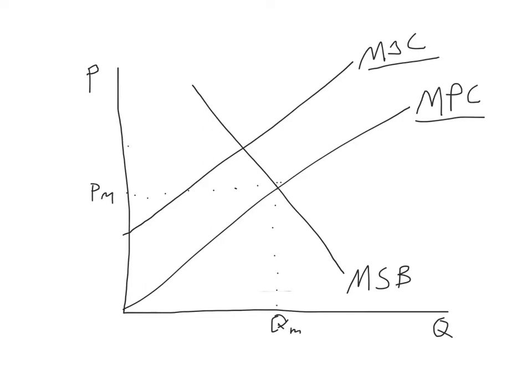Where the marginal social cost meets the marginal social benefit is where socially optimal is. So it's a quantity at socially optimal and price at socially optimal. Our goal is to be at socially optimal.